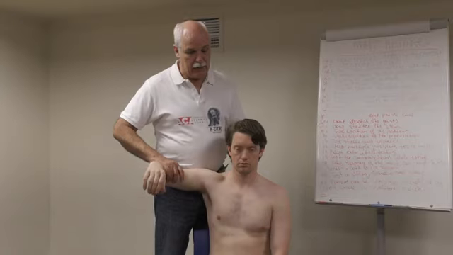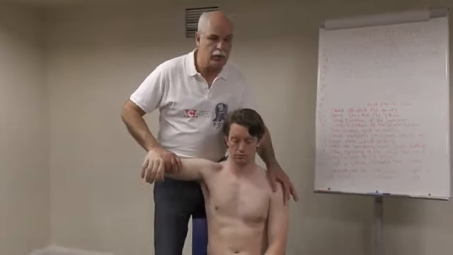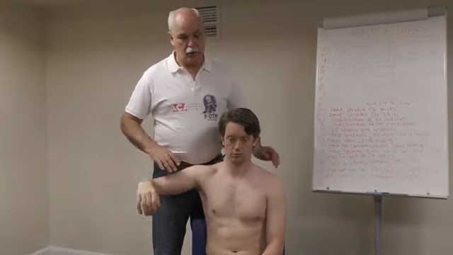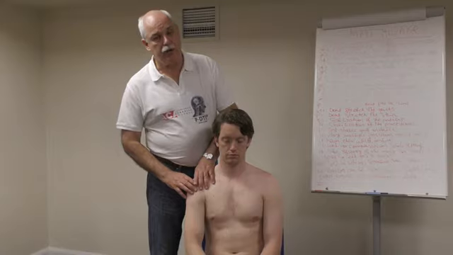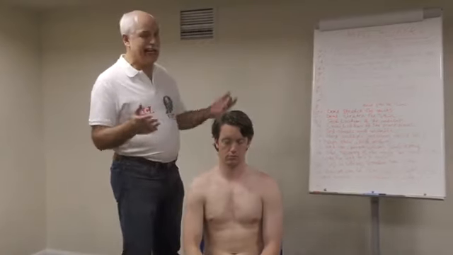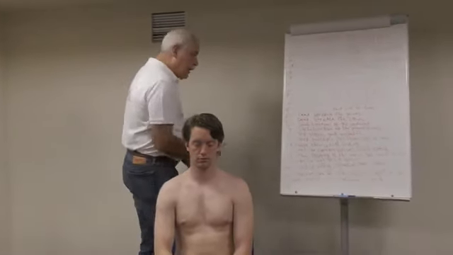Or if I test without stabilization and it is weak, now I need to test with stabilization to see if it becomes strong, to be sure whether the problem comes from the shoulder or from the abdominal muscles. Same with any joint.